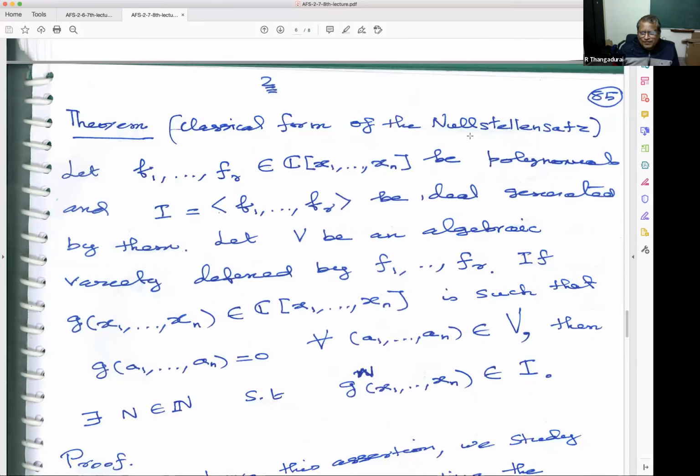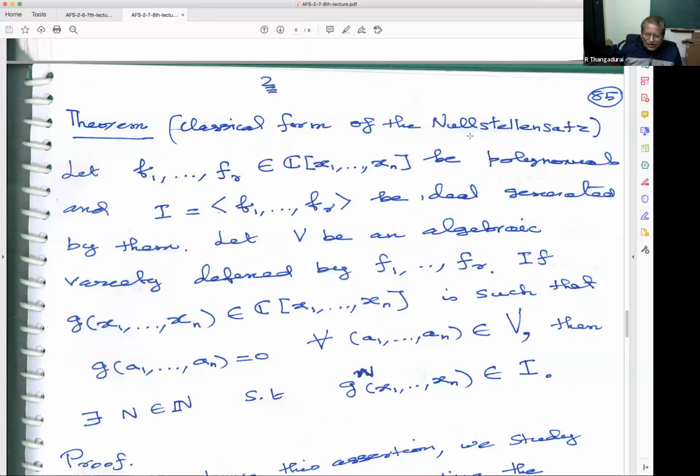Let F1, F2, F3, ..., Fr be given polynomials in the polynomial ring, and I the ideal generated by these Fi's. Then let V be the algebraic variety defined by F1, F2, ..., Fr, the set of simultaneous solutions of these Fi's.